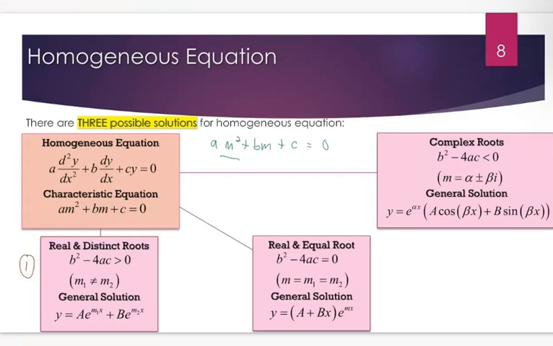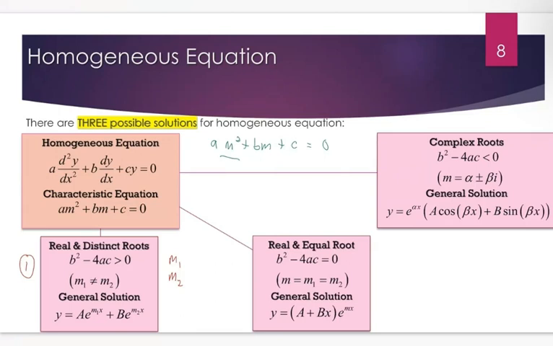That means you have different m, m1 and m2, two different values for m. So the general solution will be y equal to a e to the power m1x plus b e to the power m2x. This is the first case.